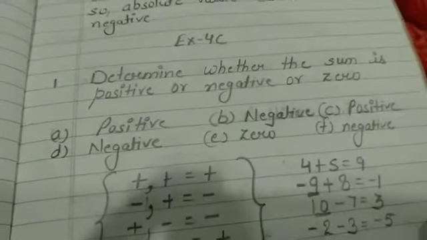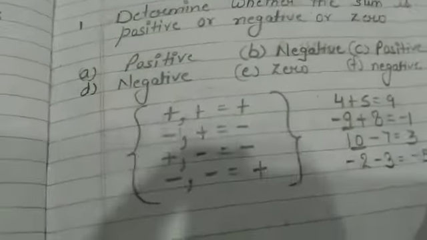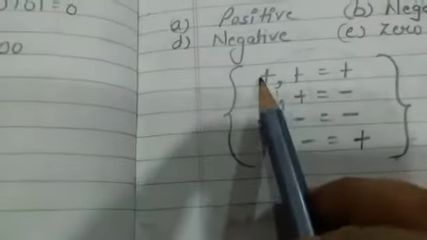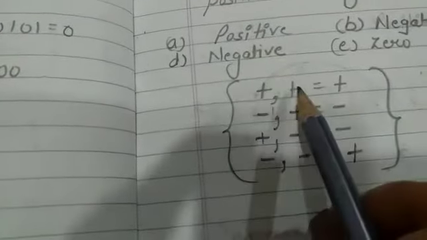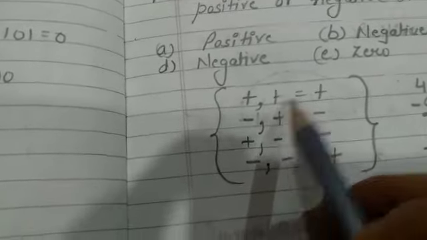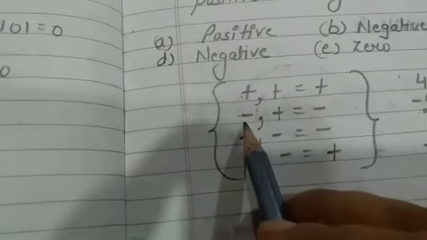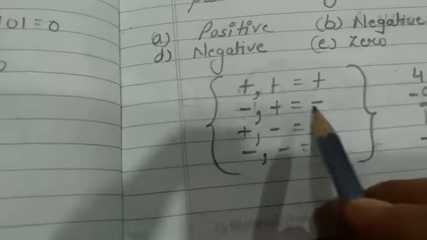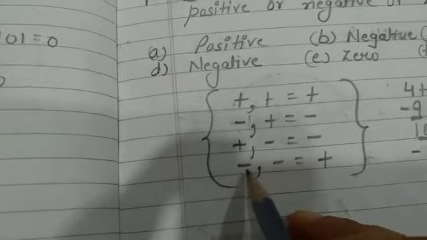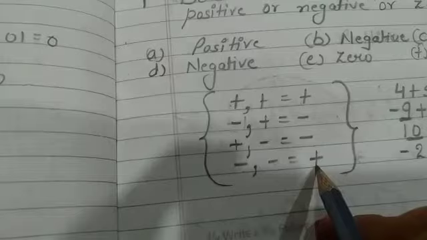So students, before doing this question, I have to explain to you the sign rule which we will use in integers. Whenever you see the same sign, plus plus, both signs positive, your answer will be positive only. If you have minus plus, the answer will be minus; plus minus, then minus; and minus minus, then your answer will be plus.